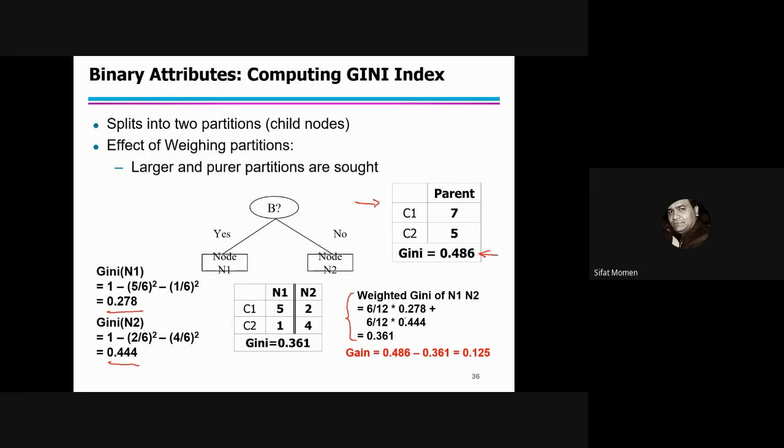So the Gini before splitting is 0.486. The weighted Gini after split is 0.361. So the Gini before split minus the weighted Gini after split will give you the gain, which is 0.125. I hope that example was very clear to all of you.